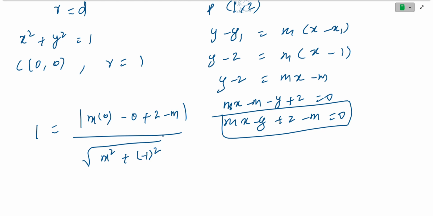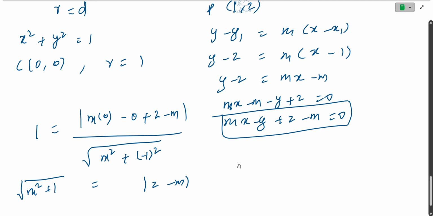Transposing this denominator to the left hand side, under root of m square plus 1 is equal to mod of 2 minus m.